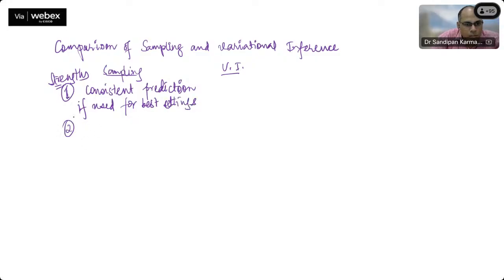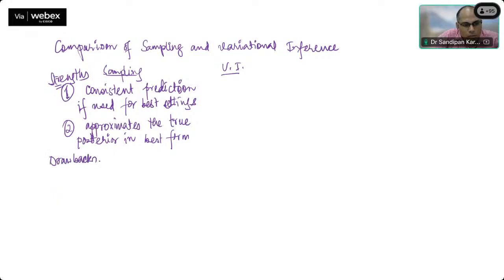The second one is that it approximates the true posterior in Bayesian form. Now come to drawbacks. It requires diagnostic tests.